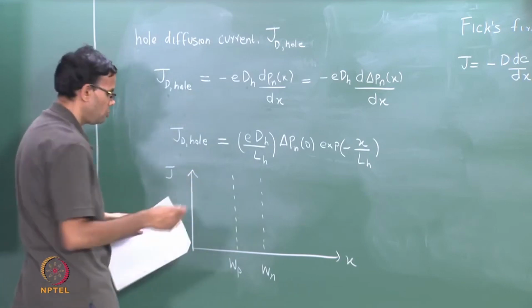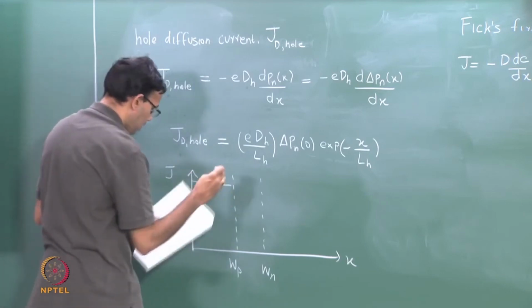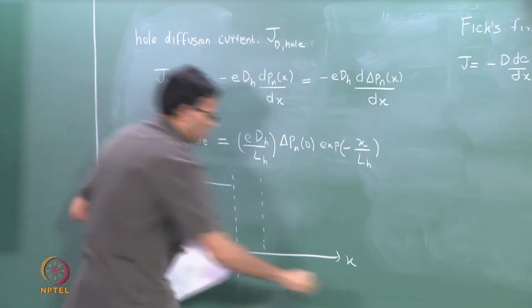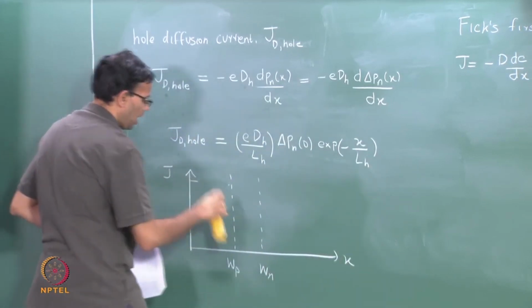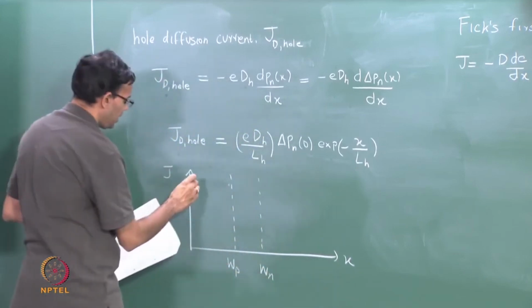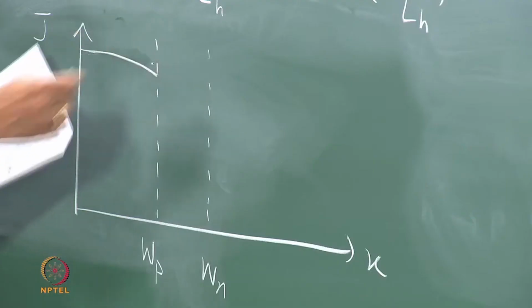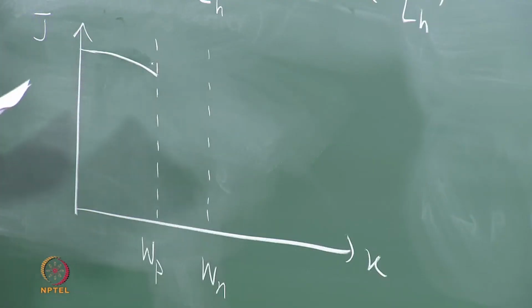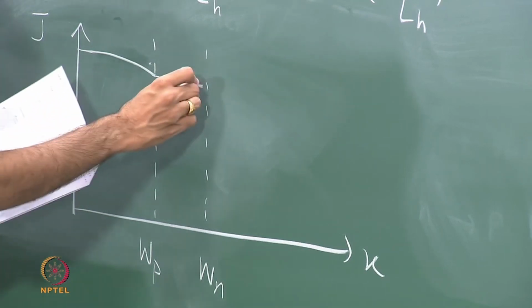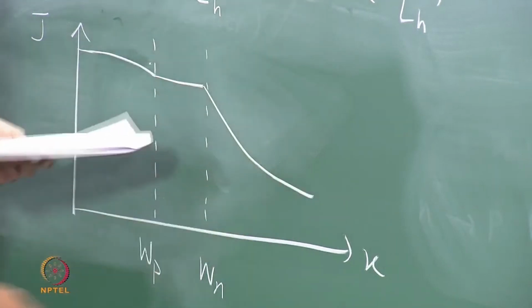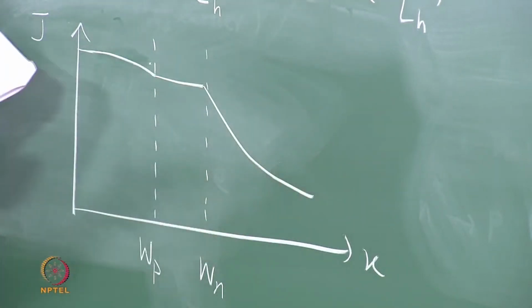In the case of holes, so you have a majority current due to holes. So, let me just redraw that. In the case of holes, you have a majority current on the P side and it starts to reduce as we reach the depletion region, and then it becomes a minority carrier on the N side.